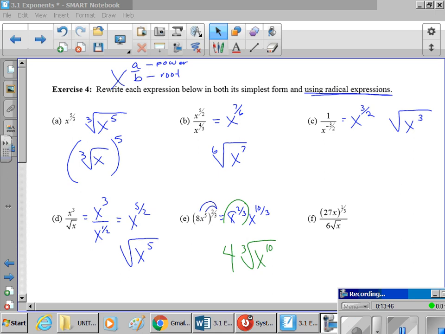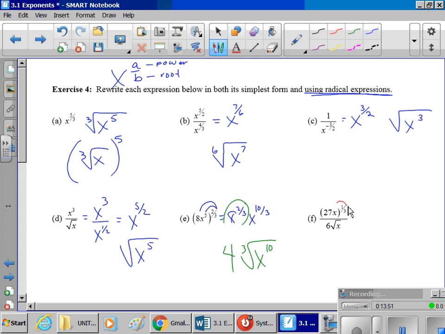And f. So let's do the same thing. We're going to distribute that 1/3 to each one of these, and we get 27 to the 1/3 times x to the 1/3 over, and I'm just going to rewrite this as 6x to the 1/2 just to make it a little simpler when we subtract. So the cube root of 27 is 3, right?